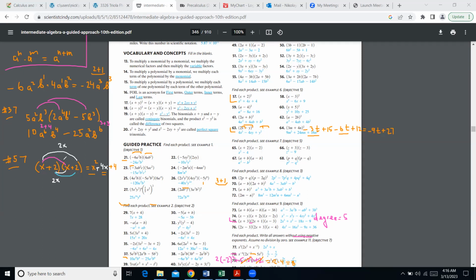And finally, last terms, 2 and 2, the product is 4. So this is the result. So you can always multiply like that, or you can multiply any way you like, because the answer is the same no matter how you do this process.